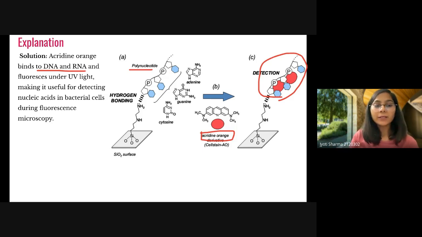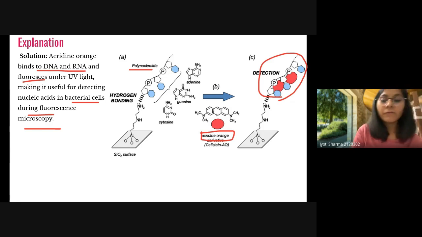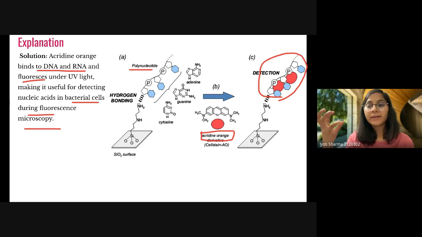So this will bind to the DNA and RNA, and this will give you fluorescence under UV light, because it is making the complex. It is useful for detecting nucleic acid in bacterial cells during fluorescence microscopy. So the basic principle is that we have acridine orange, and in nucleic acid we have the genetic material.